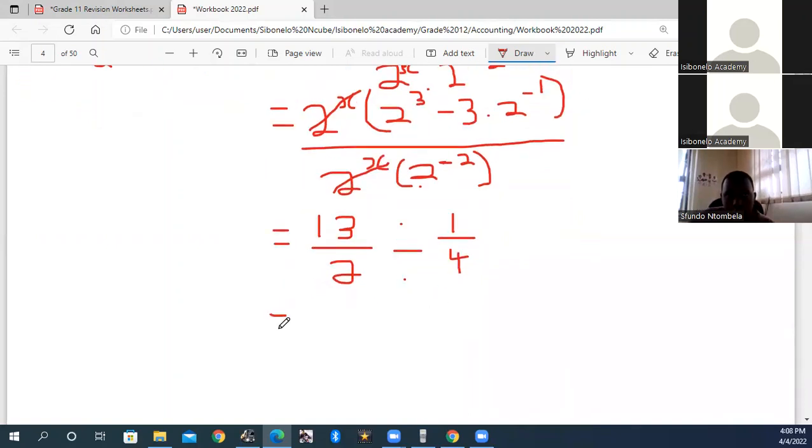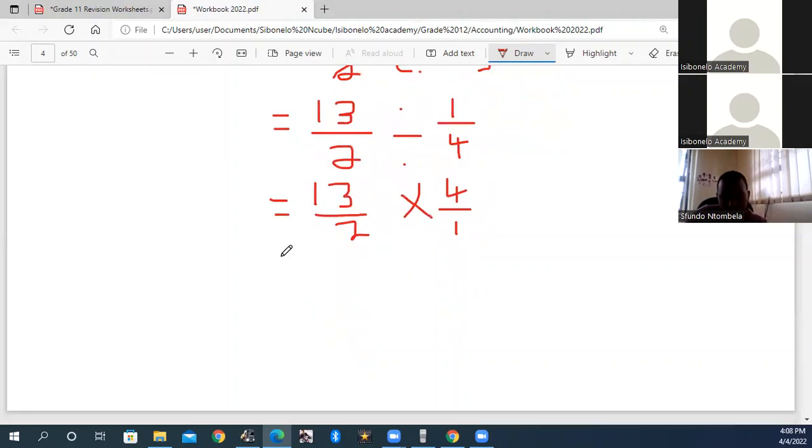Okay, then sizoba no 13 over 2 bese sishintsha i-division i-multiplication sekuzoba 4 over 1 senze inverse yalapha ya. Then usuyashaya 13 times 4. So multiply 13 times 4.